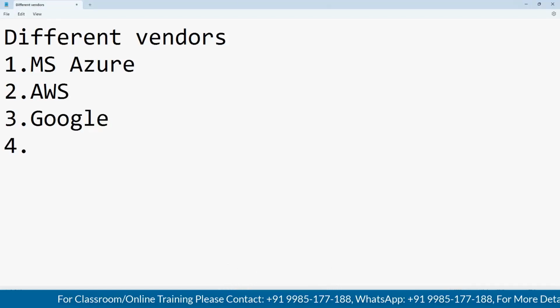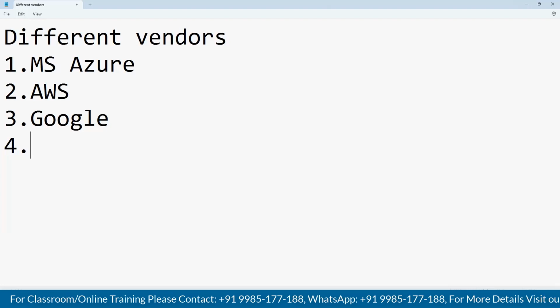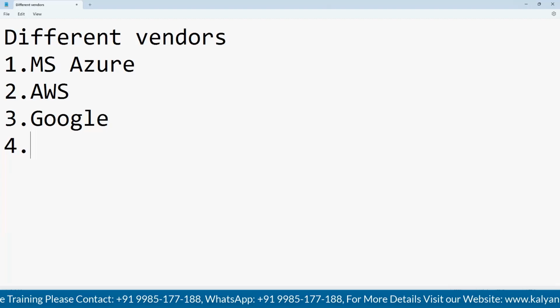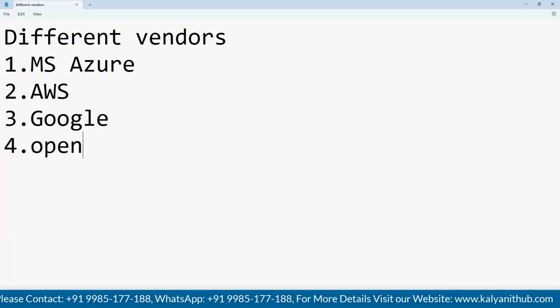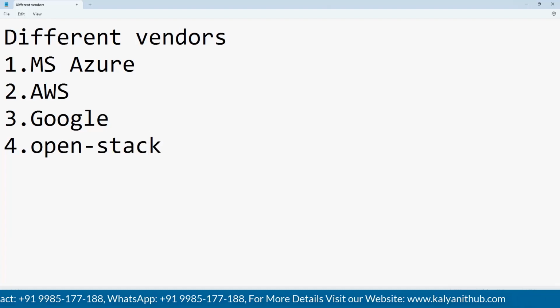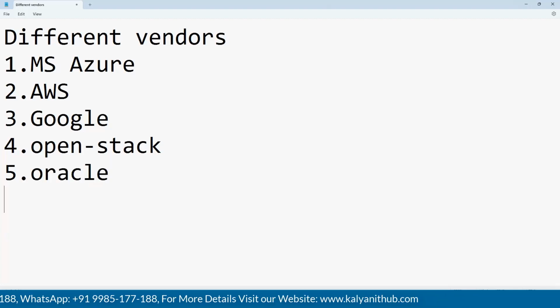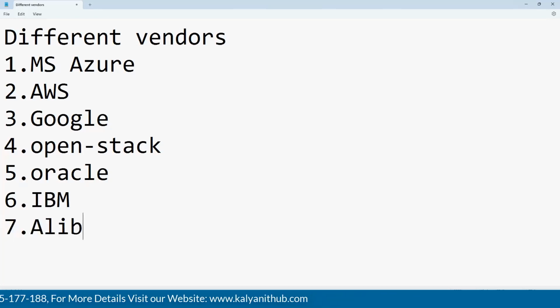Fourth, OpenStack. Fifth, Oracle Cloud. Sixth, IBM Bluemix. Seventh, we also have Alibaba. So these are all the cloud vendors providing cloud computing technology in the market. Got it?